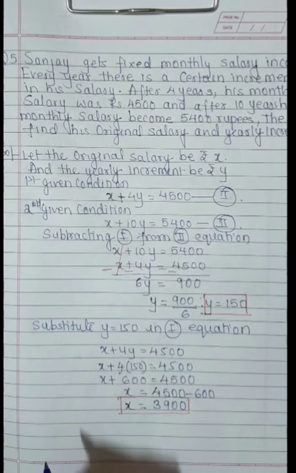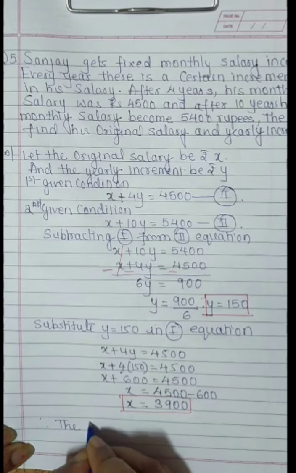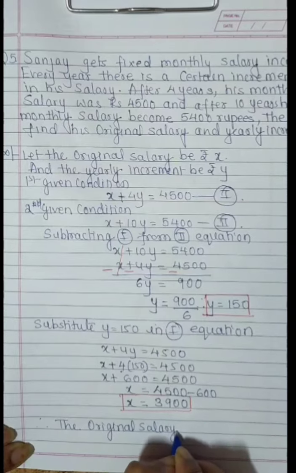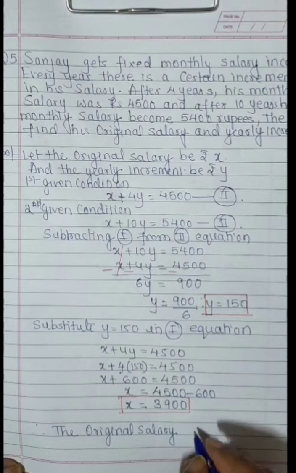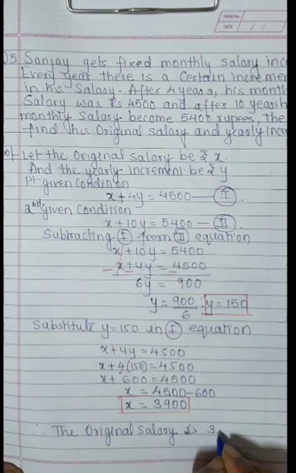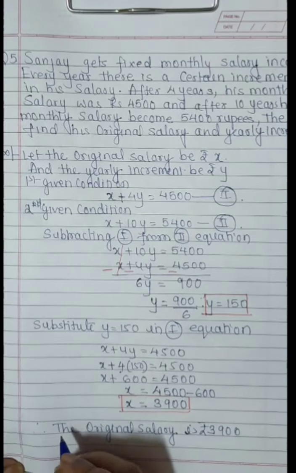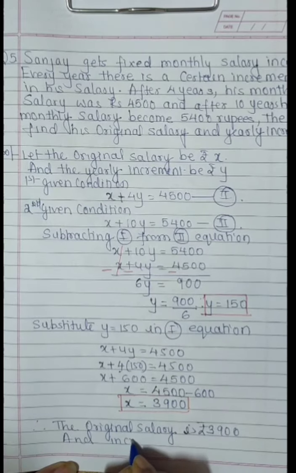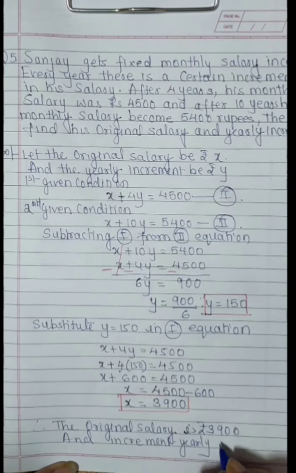Now we are going to write the statement. Therefore the original salary of Sanjay is 3,900 rupees, and the increment, that is the yearly increment, is rupees 150.